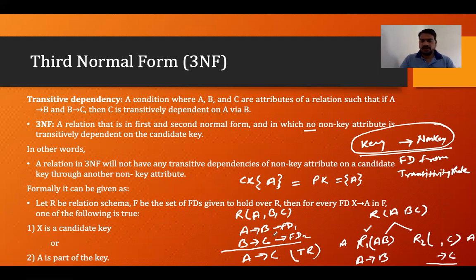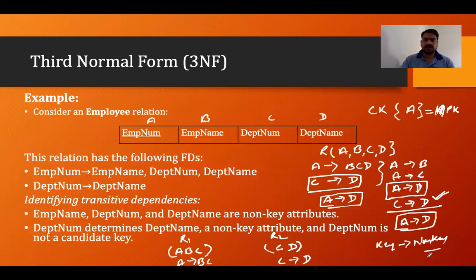I'll put AB in one table and BC in another table, right? So here functional dependency 1 exists and functional dependency 2 exists. Okay, so here also we are preserving the functional dependency, in some cases, not in all cases.